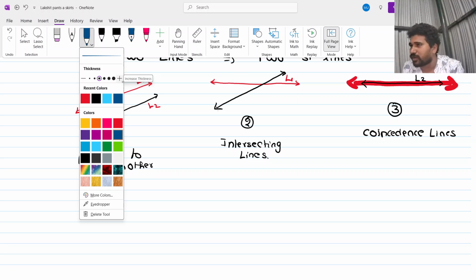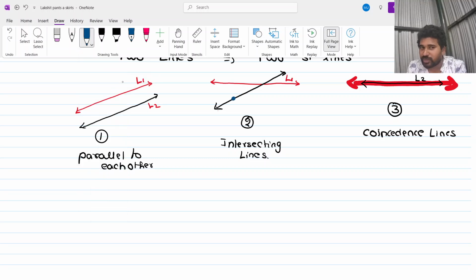If I select point A, it belongs to only line 2. If I select the B point, it belongs to only line 1. But when I select this point C, it belongs to both line 1 and line 2, right? That is called common point.